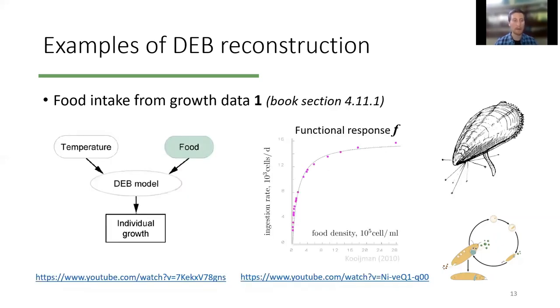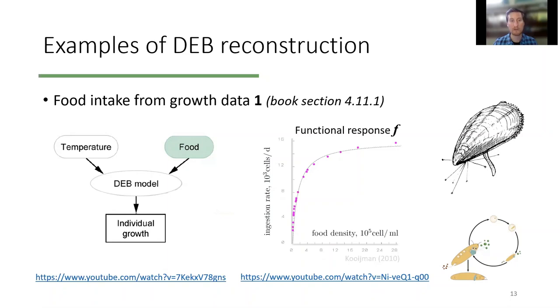So first, about the reconstruction of food intake from growth data. So you have here a simplified representation of the DEB model and the input variables that it requires to predict, for example, individual growth.